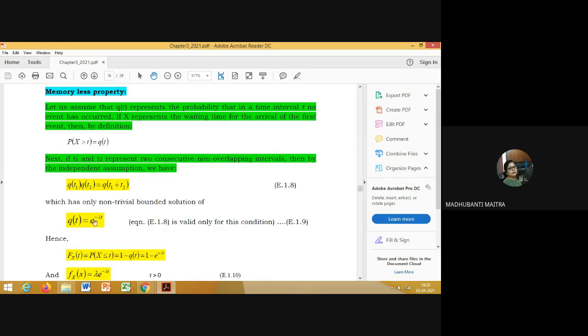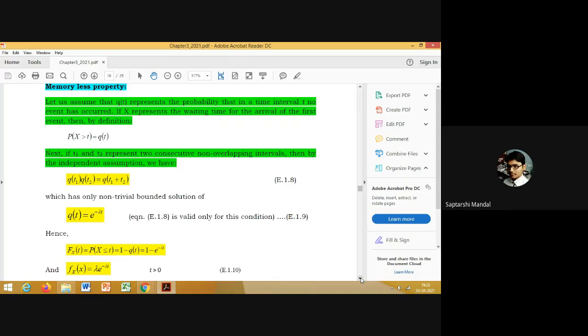And that is equal to e to the power minus lambda t1 into e to the power minus lambda t2. Hence, we can verify that yes, this equation is valid, that is q(t1 plus t2) is equal to q(t1) into q(t2). So far, is this clear? Yes.